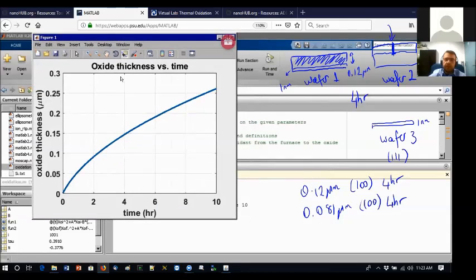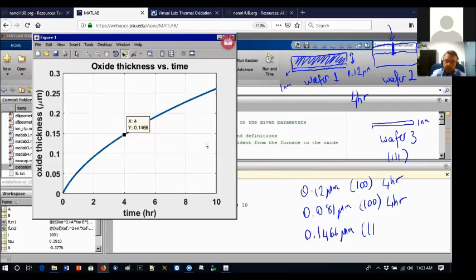What do we expect? We expect a thicker film. Again, doing the same, going to the data cursor, going to the plot, putting it on the plot. I somehow magically put it right at the bullseye, so it gave me the result. How much did I grow? 0.1466 micrometers. What's the difference?